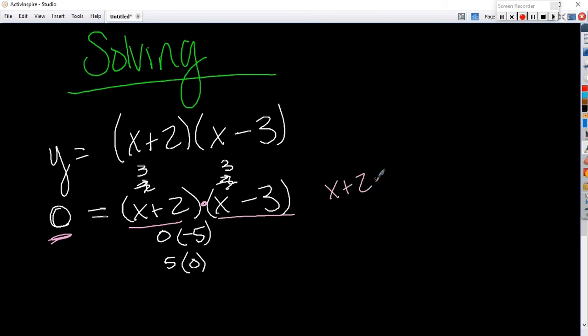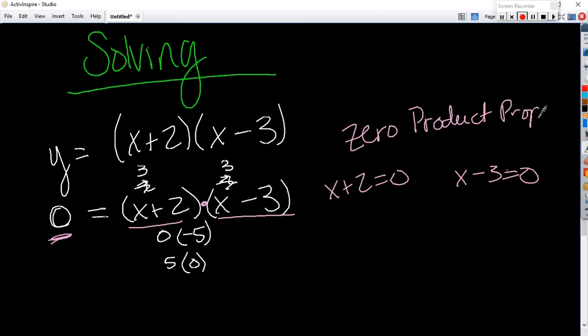So either x plus 2 has to be 0 or x minus 3 has to be 0. There's no other way to get 0 when you multiply, right? This is called the zero product property. And it doesn't matter if there's 10 things multiplied together or 2. When they're multiplied together and they give you 0, one or more or all have to be 0.